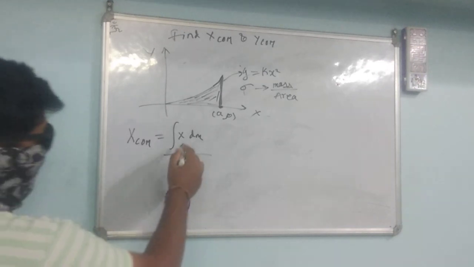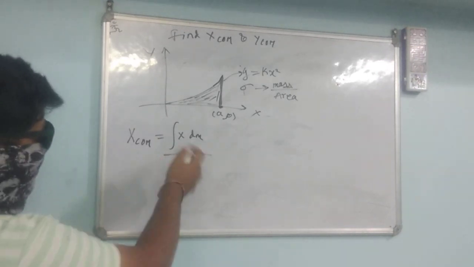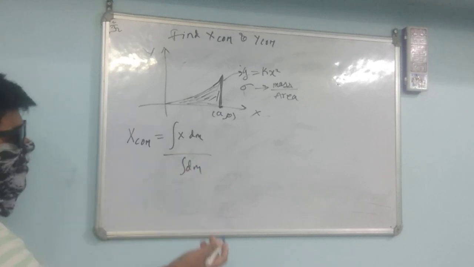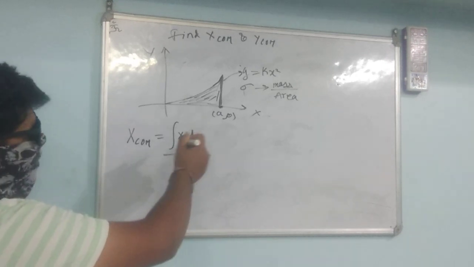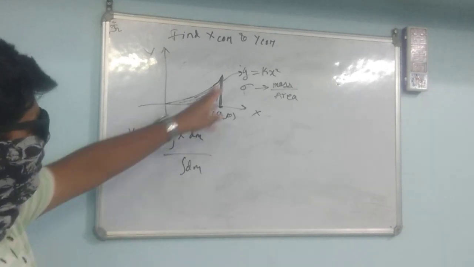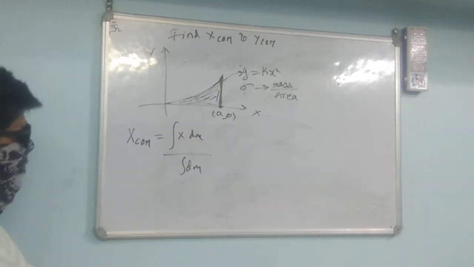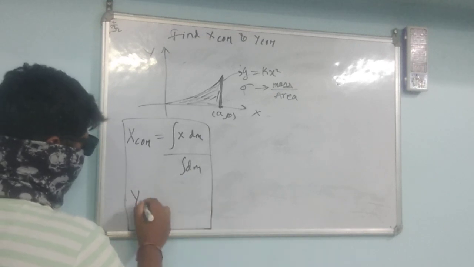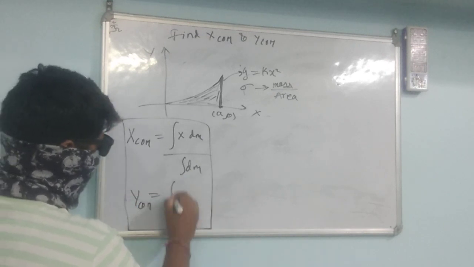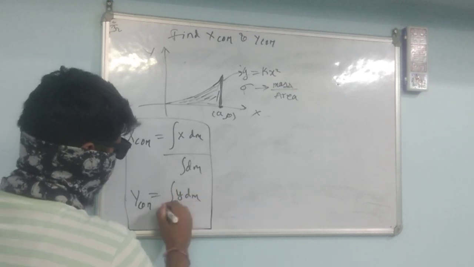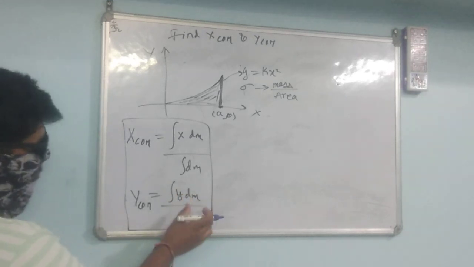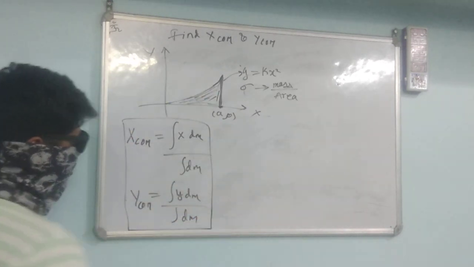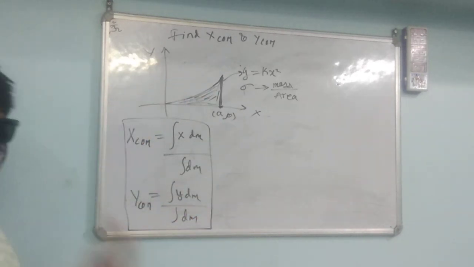Means m1 x1, it is like this only, but as we know here it is variable, so we have to do integration, and it is m1 x1 plus m2 x2 plus all of this present in this range. So by using this formula, and similarly for y center of mass, it is integration y dm along the y axis. So by using this formula, we can solve this question very easily.